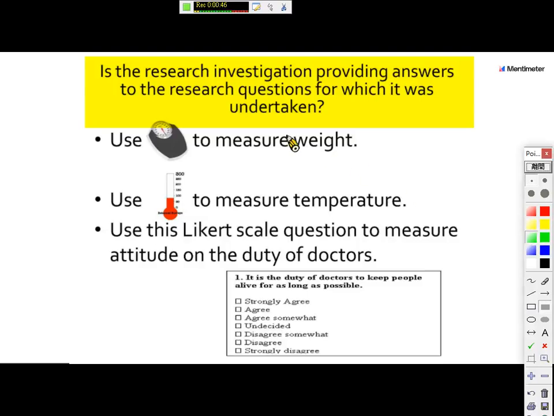Basically, you have the research questions, and you need to collect data. The data should be able to answer the question you pose for your research question. So if the answer to this question is yes, then all the process you have conducted is valid. If it is not, then it is invalid.